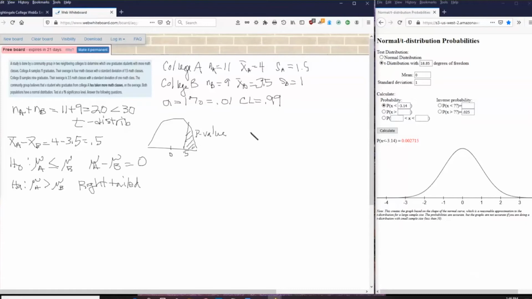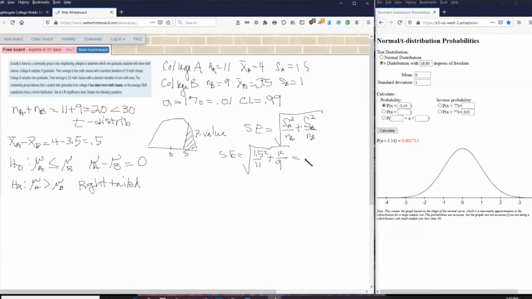Okay, so let's do our standard deviation, which has this formula: the square root of the standard deviation of college A squared over the sample size of college A, plus the standard deviation of college B squared over the sample size of college B. So that is going to give me the square root of 1.5 squared over 11 plus 1 squared over 9.